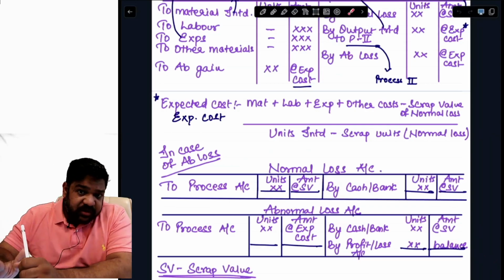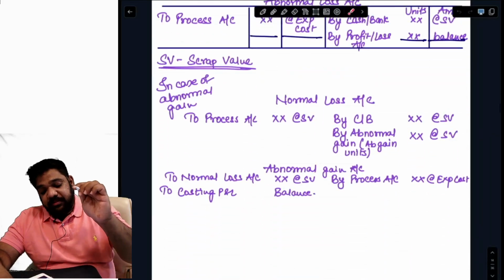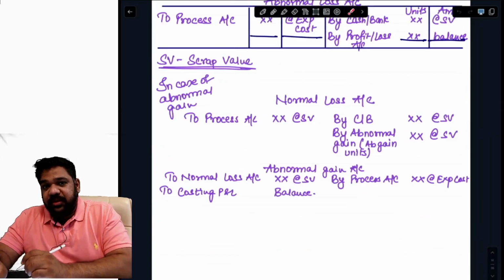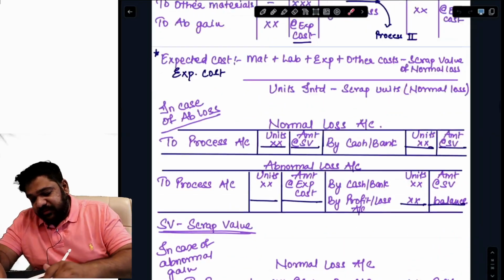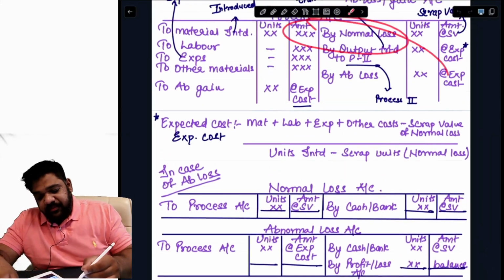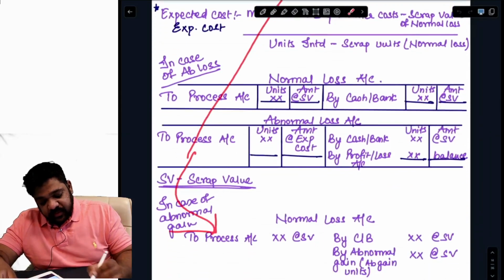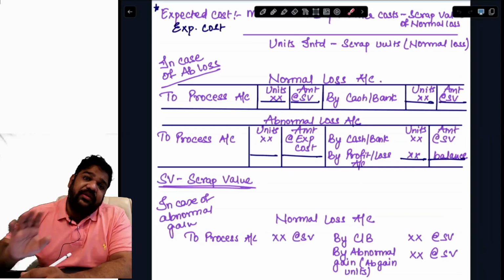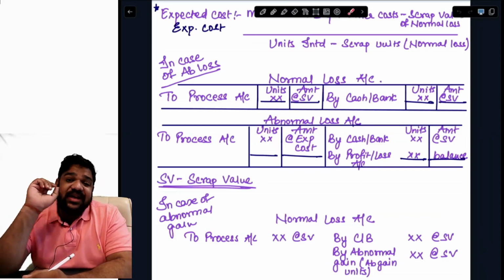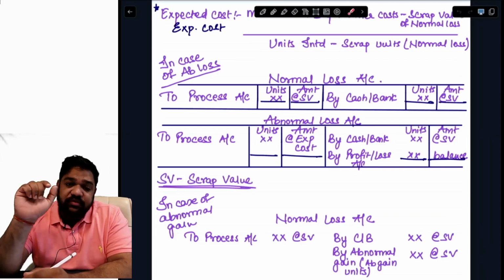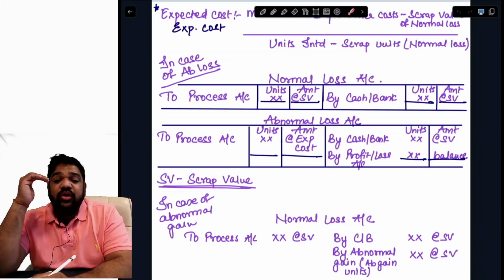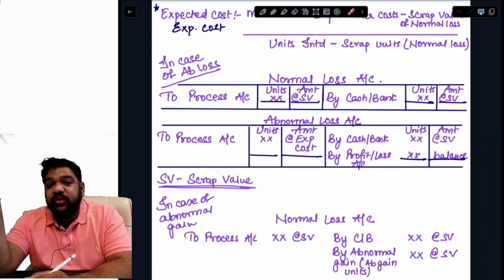Now, in case you have an abnormal gain, very important, please pay attention. In case you have an abnormal gain, you will still have one entry coming from the process account into the normal loss account. But you have to understand one thing. In case of abnormal gain, you actually have not lost that many units.